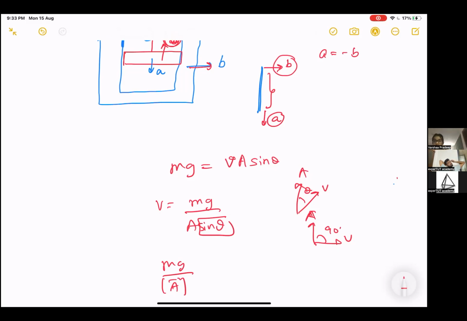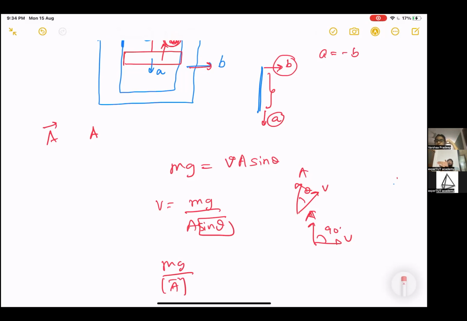Yeah, the answer is mg by mod a. In HCV, the answers are not written with direction. I think the vector notation HCV uses is that if they want to write the magnitude, they just write this. This is easy. Imagine in 3D a thing is going and you want the cross product v cross a to be upwards.